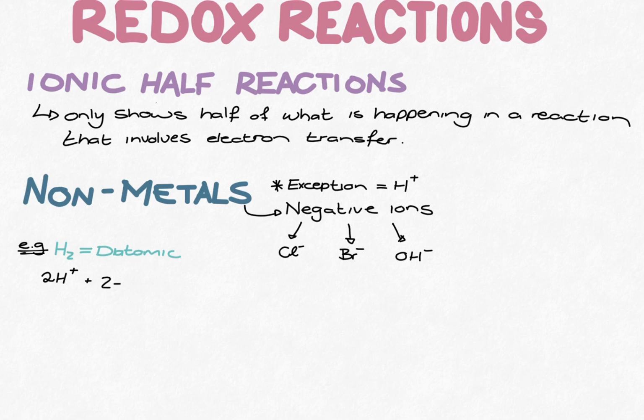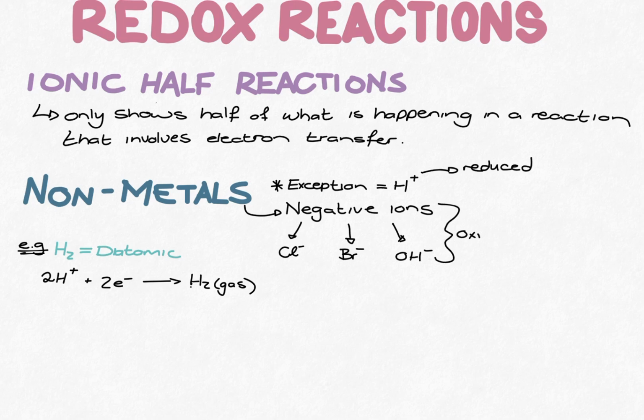These two positively charged hydrogen ions will then receive two electrons, which will then form neutral hydrogen gas. So we can see 2H+ plus 2e- gives me H2 gas. Now because hydrogen is receiving electrons, or gaining electrons, it is reduced.